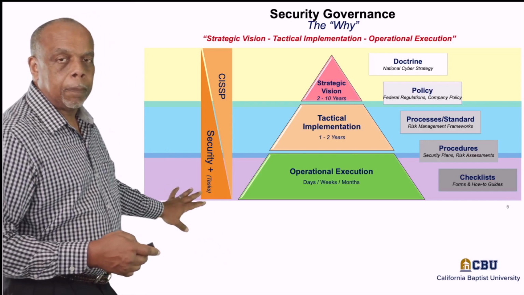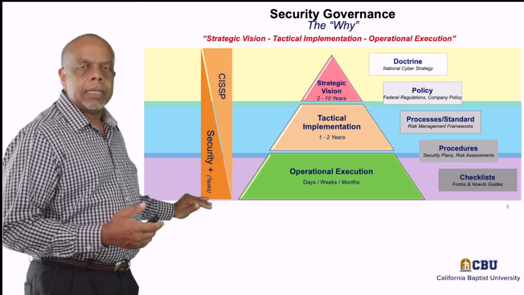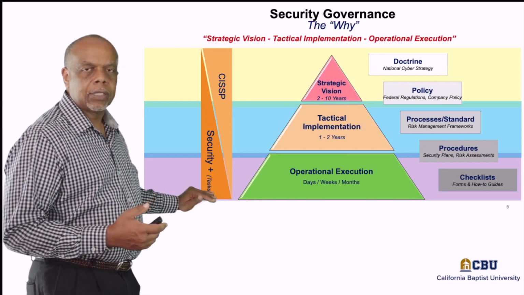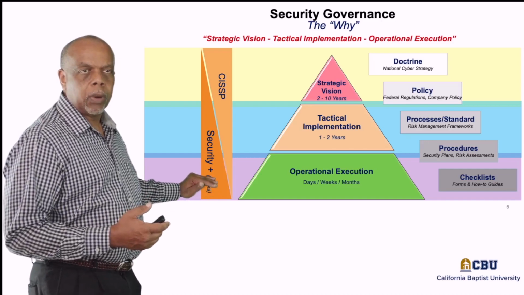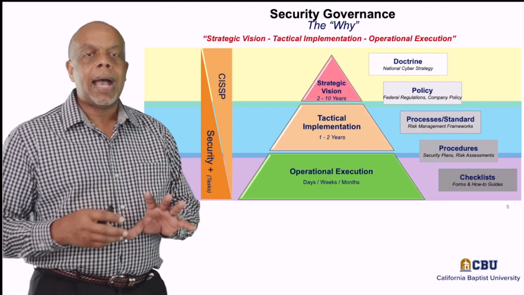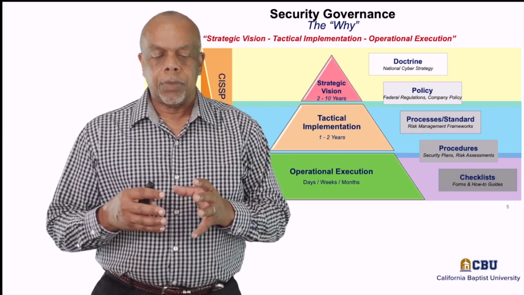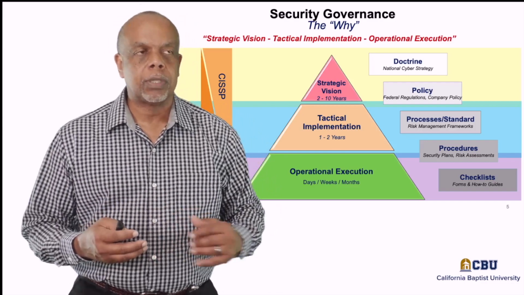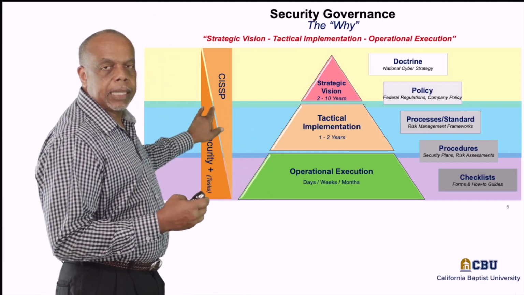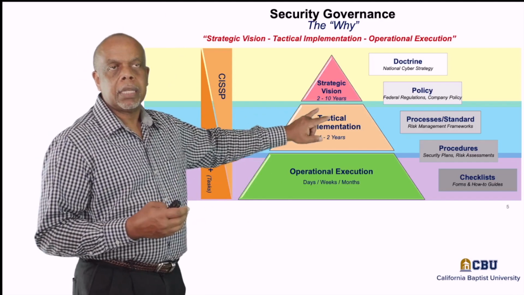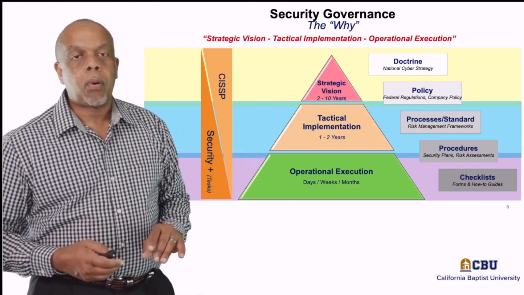Likewise, when I think Security Plus, pretty much just the opposite. Now I'm really at the task or the tactical level, operational level, where the day-to-day need to know how to do the hands-on things associated with security, and it's less and less involved in the policy, doctrine, and processes.